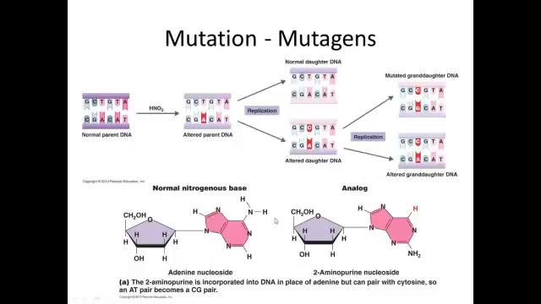It doesn't have this amine group here, it has a hydrogen instead. So DNA polymerase sees this as an A, gets put in, but because of this hydrogen being here, it can form 3 hydrogen bonds just like a guanine, so it pairs with cytosine. So just like up here, we get a change of an AT sequence to a GC sequence.